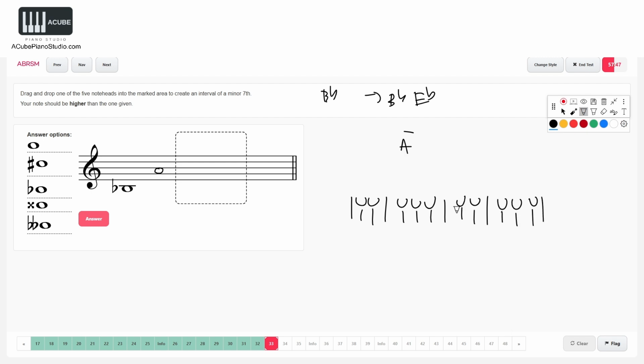So in order to have a major seventh, I'll have B flat to A. But now I do not want major, I want minor. So minor is one semitone closer, so I should have A flat. So select the flat and put A here. Okay, so this will give us a minor seventh.